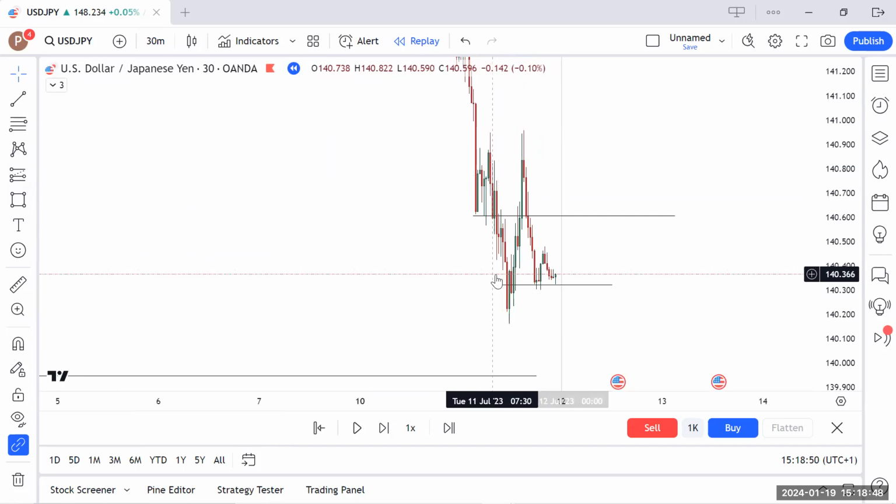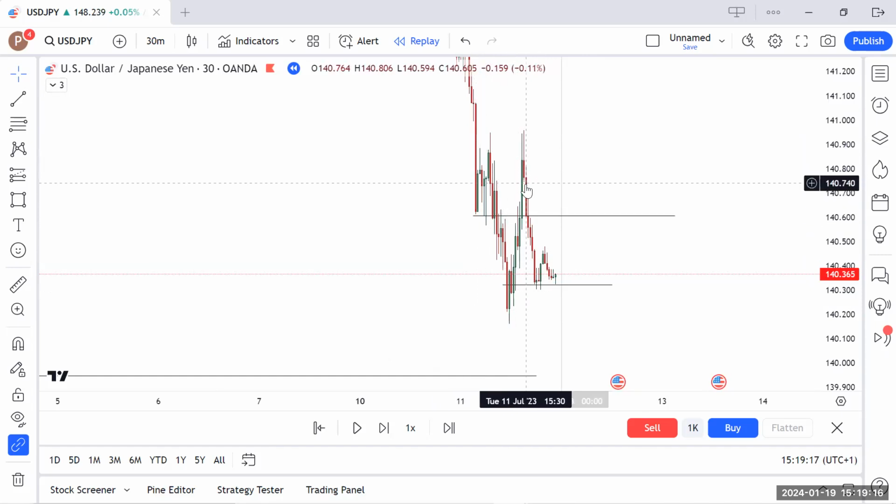On the 30-minute time frame, we can see a demand area, a demand reaction from this point here. Price is going all the way to the downside, but we can see demand. The supply pressure pushed price back to the downside. We can see there's demand in this area, but the demand didn't hold. Demand rallied all the way to the upside to join this higher demand at this higher price point.